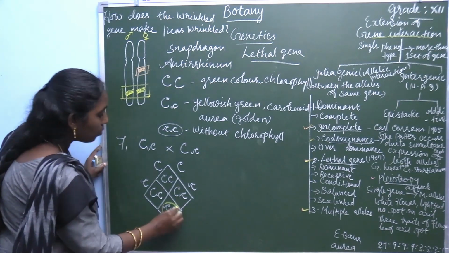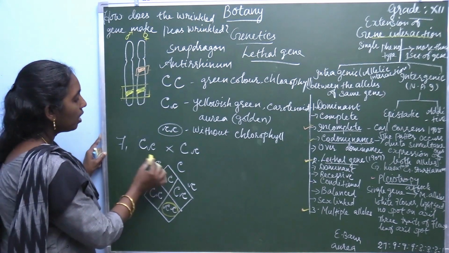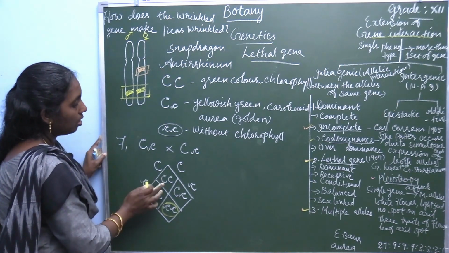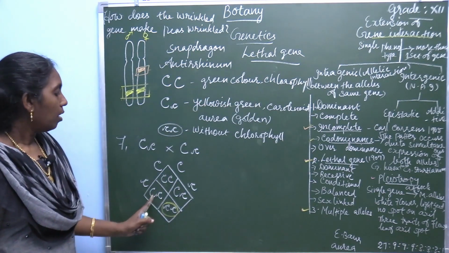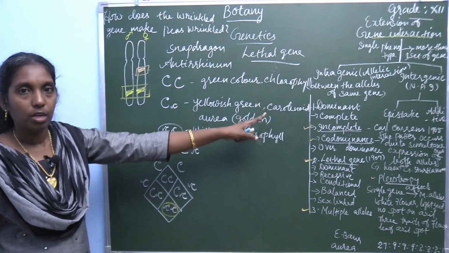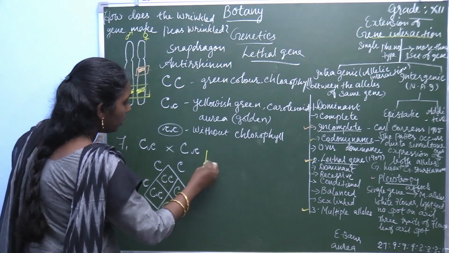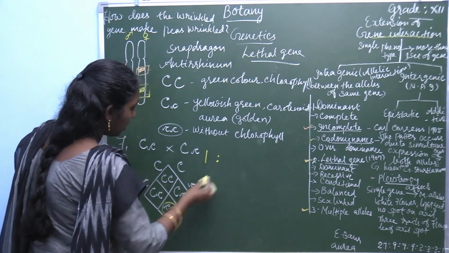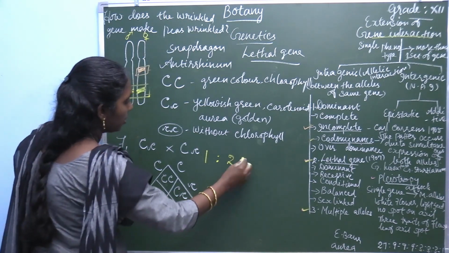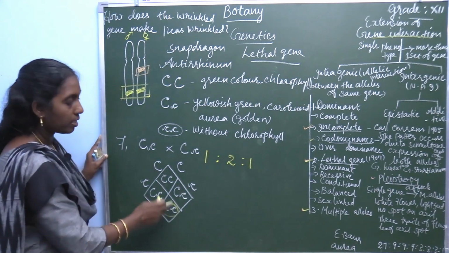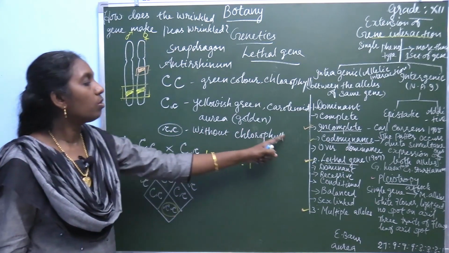Now, this small c small c becomes lethal. This one is capital C capital C, green color with chlorophyll, but these two are yellowish green with carotenoid. So it gives the ratio 1 capital C capital C to 2 capital C small c to 1 small c small c. What happens in small c small c, without chlorophyll?